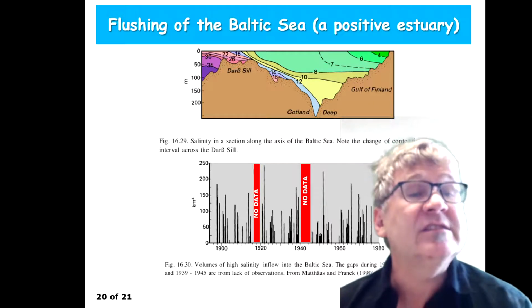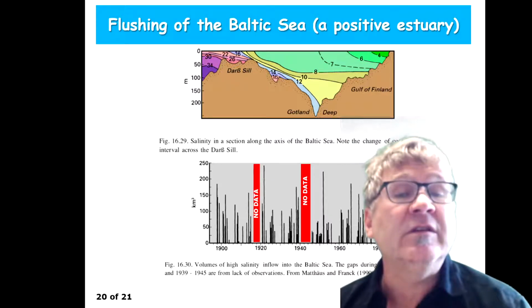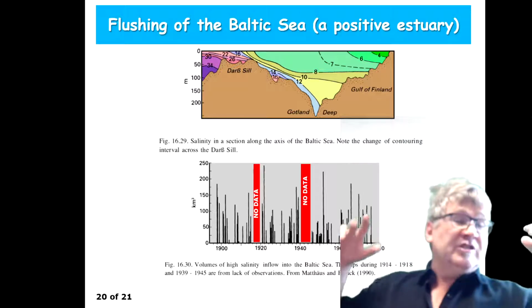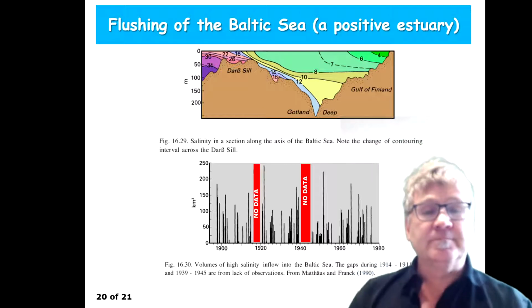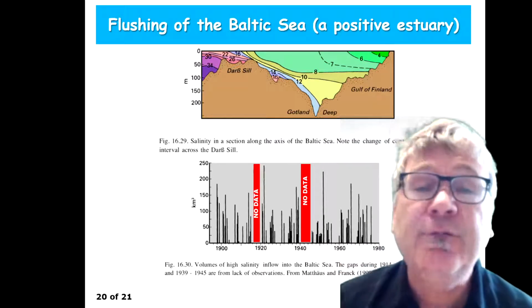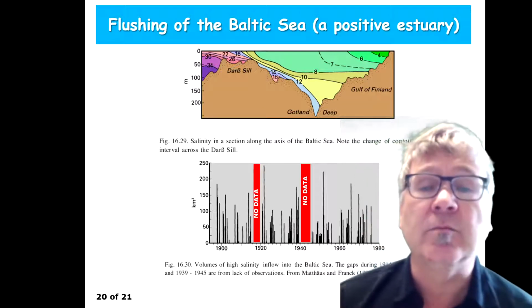Okay, and you can infer the outflow of this fresh water into the North Sea through a channel which is known as the Kattegat and Skagerrak. How cool is that? You can also see the inflow of more saline water near the bottom.